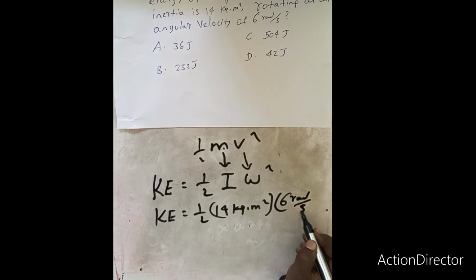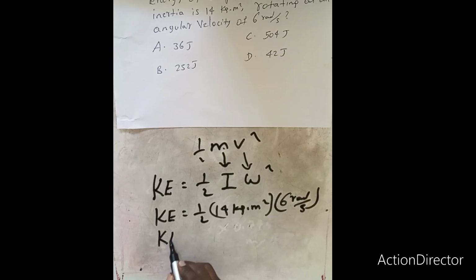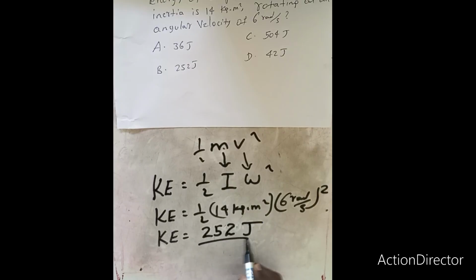rad per second. And the kinetic energy, this is 7 multiplied by 7, this is squared, becomes 36, and multiplied, it will become 252 joule.